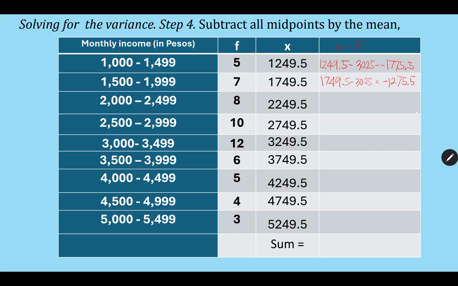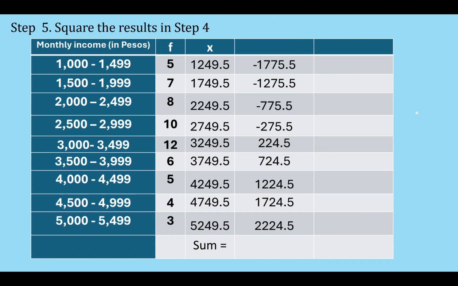Okay, so the third interval would have a negative 775.5, and so on. Keep doing that until we have here now our 2,224.5. Okay, so you can check that out. Now, the next step would be, okay, so we now have our midpoint minus the mean.